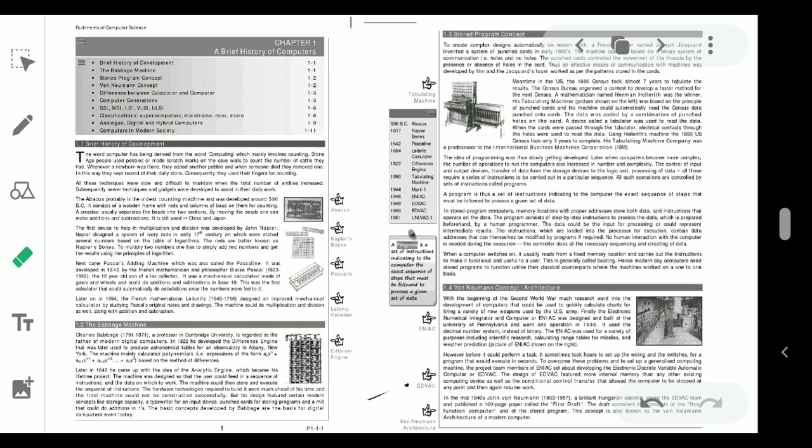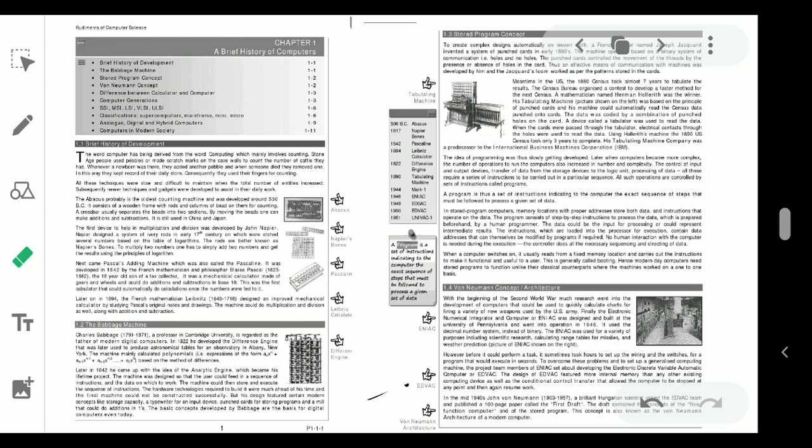Using this machine, the USA census took 3 years to complete. His tabulating machine company was the predecessor to the International Business Machines Corporation, that is IBM.